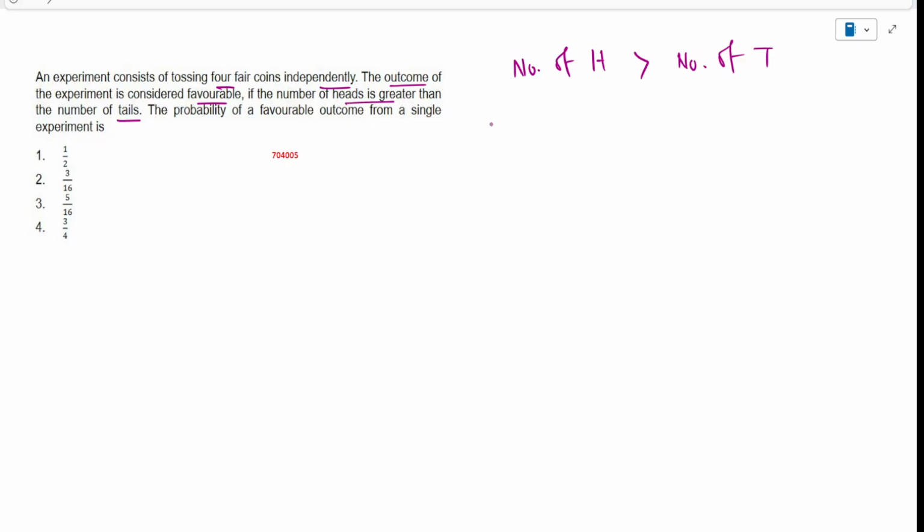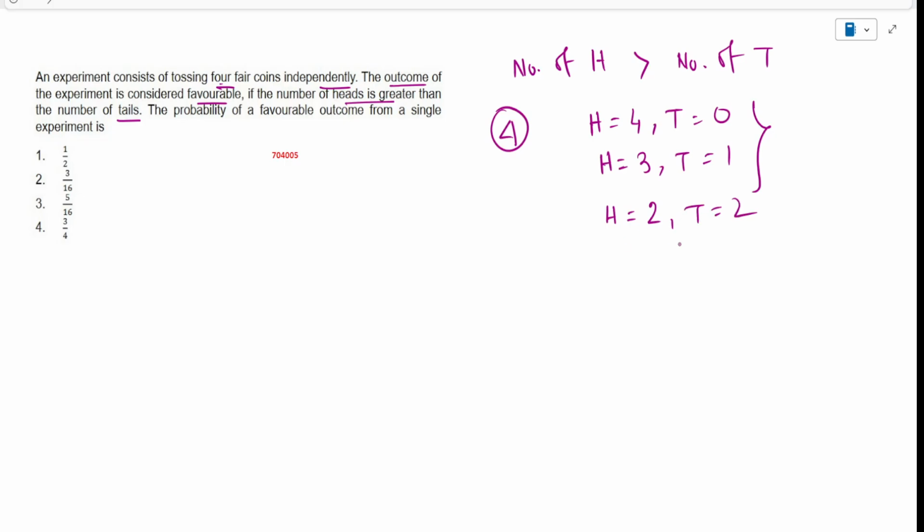That means total 4 fair coins. Coins are 4. That means heads may be 4 and tails 0, or heads 3 and tails 1. This is the only possibility. The other possibilities are heads 2, tails 2, which is not possible, and heads 1, tails 3, which is not possible.